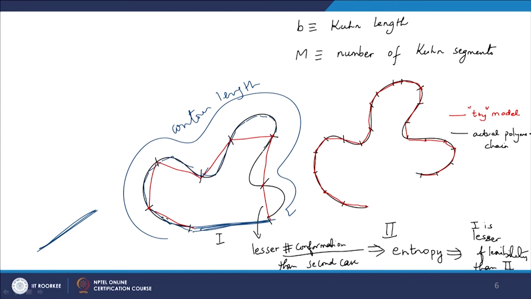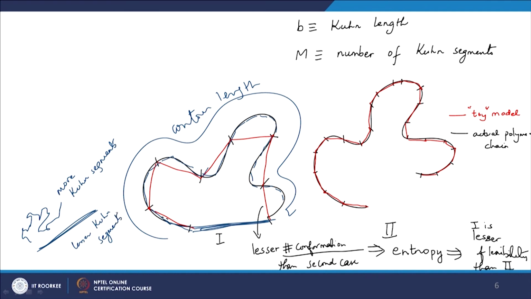This is like having many cone segments. So the representation will look something like that. This one has more cone segments and this has fewer cone segments.